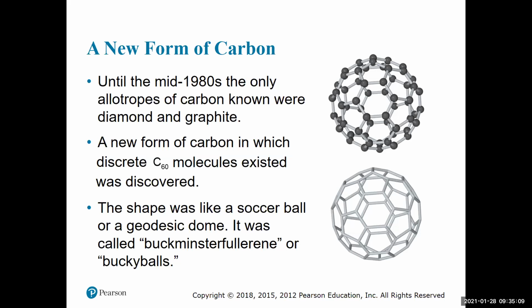This is a different configuration of carbon atoms. It's typically considered to be a C60. So in other words, this ball that you see, each of these corners represents a carbon atom. And there's a total of 60 in there. And so these buckyballs were a new form of carbon that was discovered.